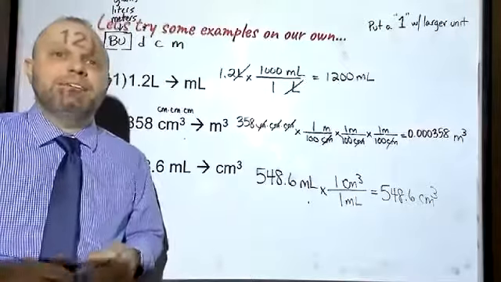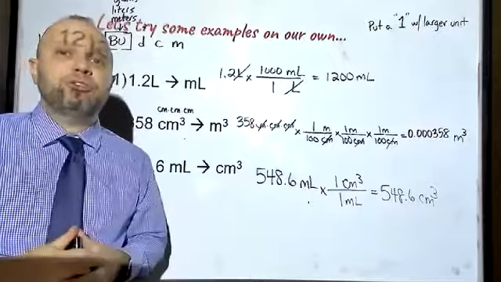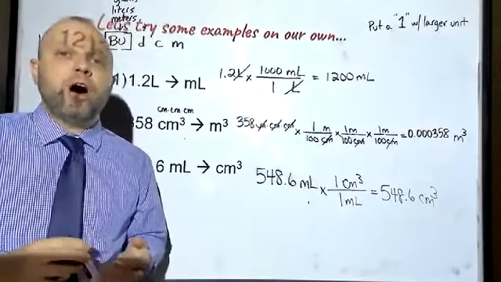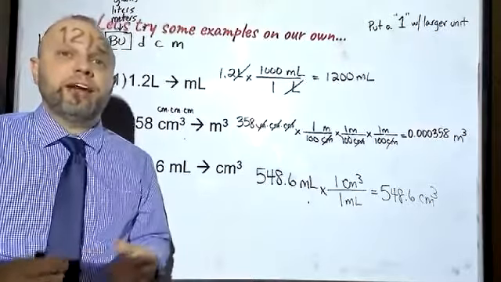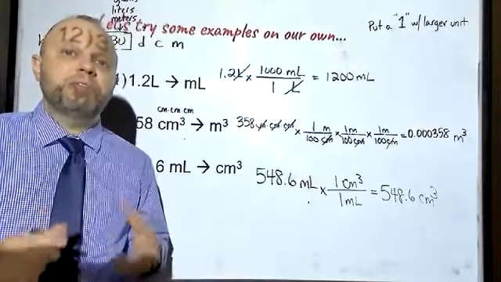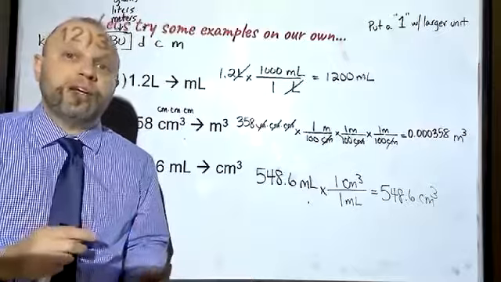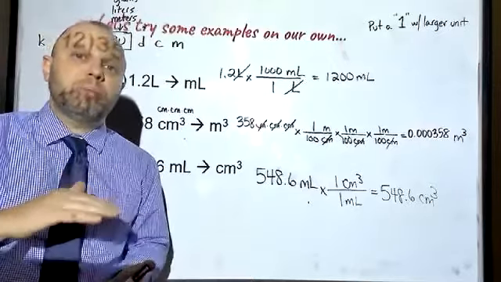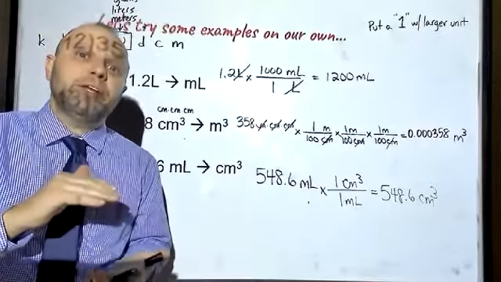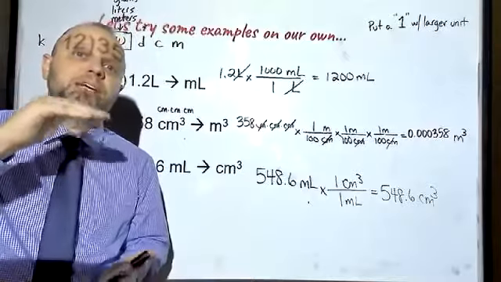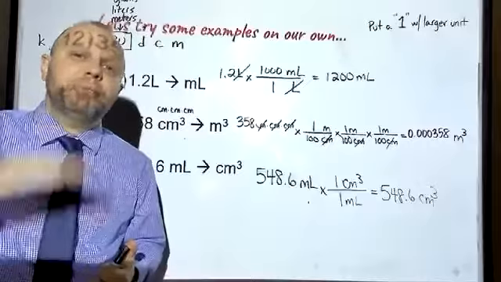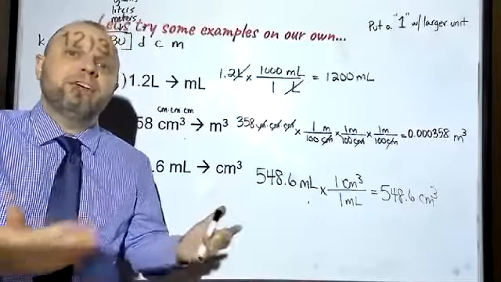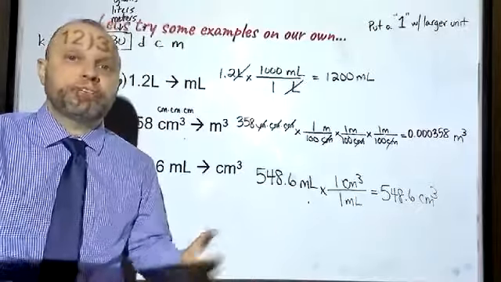And the reason is that it depends on how your measurement is being taken. So on the density lab that we're doing next week, you're going to see that we're able to get the volume of some objects by water displacement. So we'll measure the volume of water in milliliters to begin with. We'll measure the final volume in milliliters with the object in the graduated cylinder. And the difference between those 2 volumes will be a volume in milliliters. Perfect.